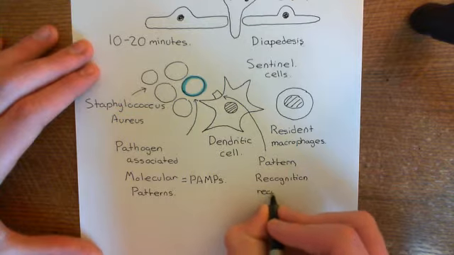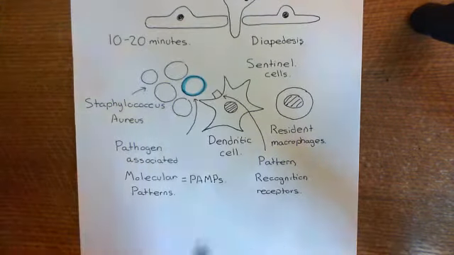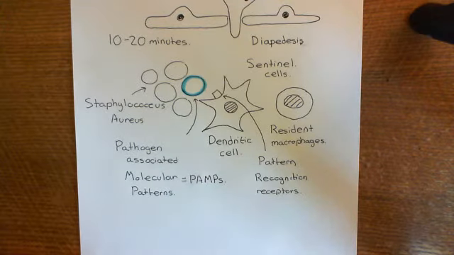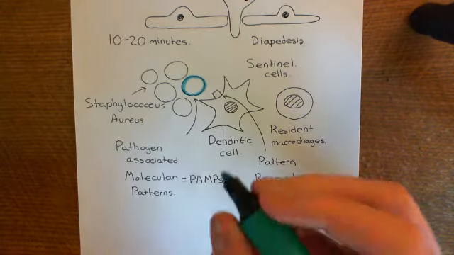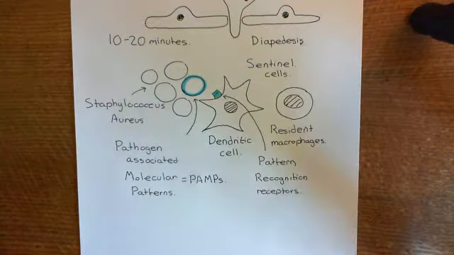Okay, and these pattern recognition receptors will then activate the dendritic cell or the resident macrophage if they ever find their ligand. So if the Staphylococcus aureus is present, it will have all sorts of pathogen-associated molecular patterns associated with it, which will trigger the activation of these pattern recognition receptors on the surface of the sentinel cells.